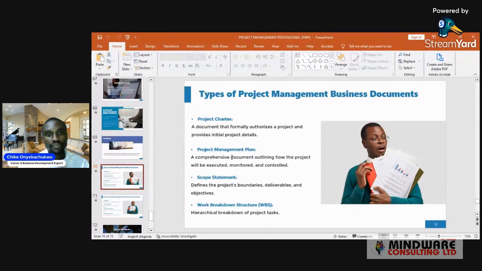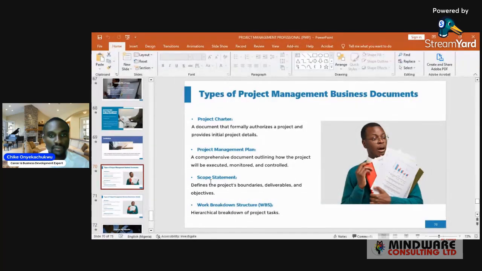Okay. Next, we have the project management plan. This is a comprehensive document outlining how the project will be executed, with the information necessary for execution, monitoring, and control of your project.